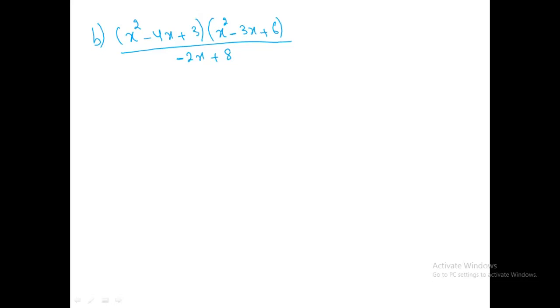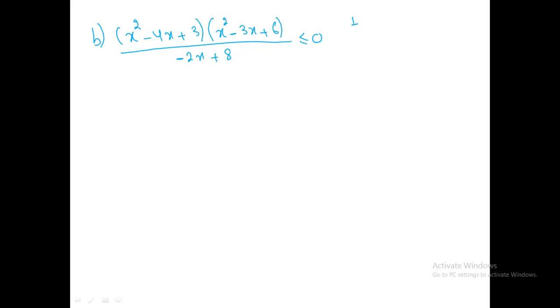Now part B is solve this inequation. X squared minus 4x plus 3 into x squared minus 3x plus 6 into minus 2x plus 8 less than or equal to 0.